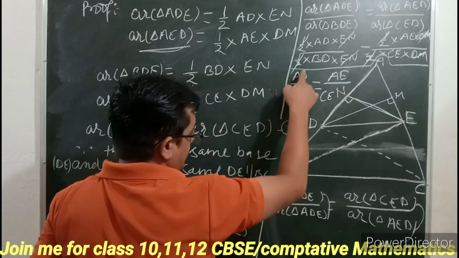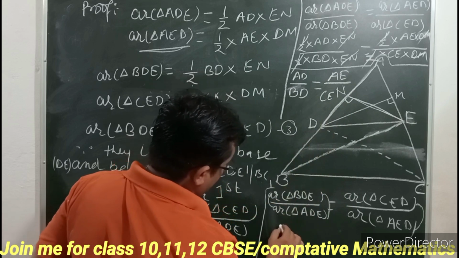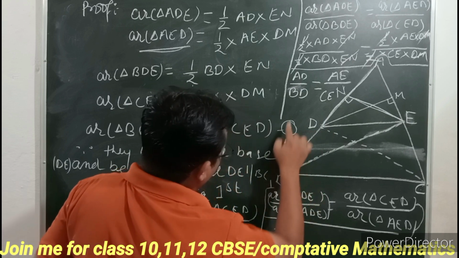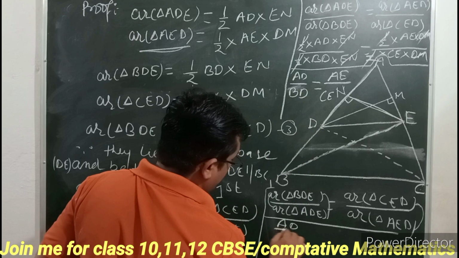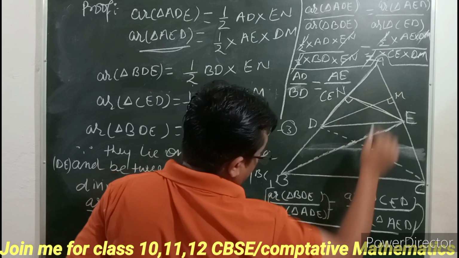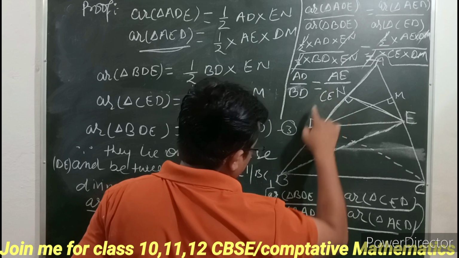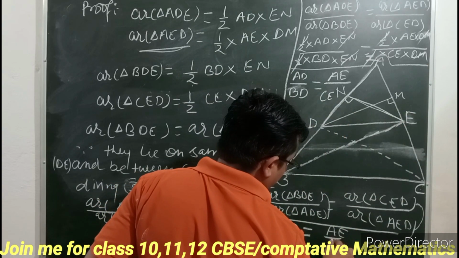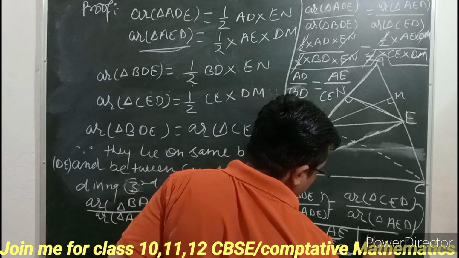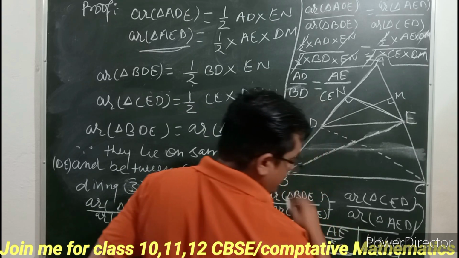We can also write this as AD upon DB equal to AE upon EC, both are the same. So this was required and this has been proved, hence proved.